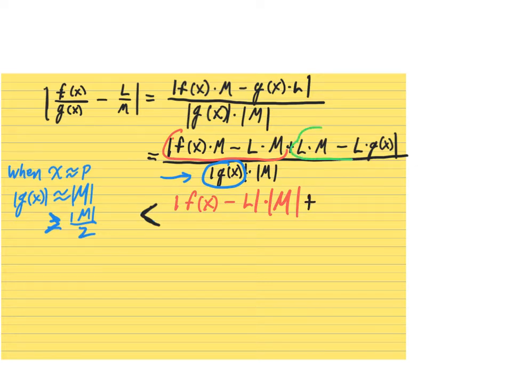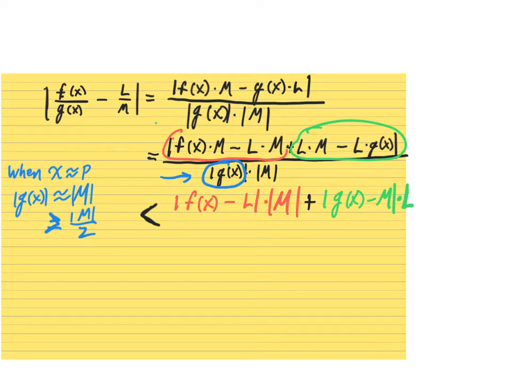Does this color show up okay? Yeah, it seems to show up okay. This piece is absolute value of g of x minus m. Oh, actually, it looks kind of like garbage. Times L. That should be a better shade of green, I think.